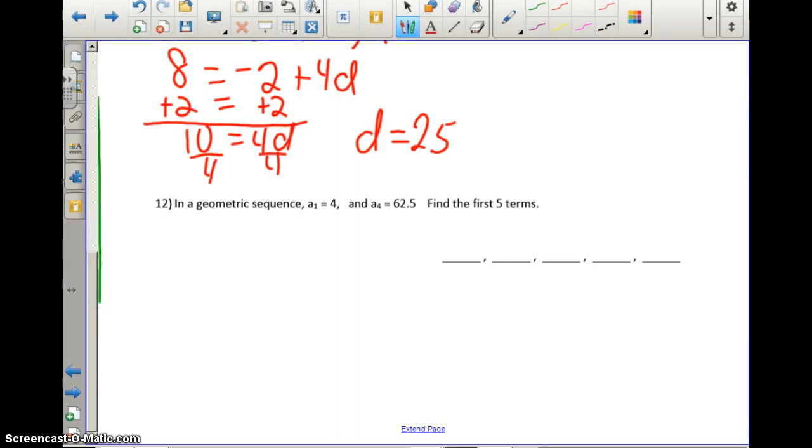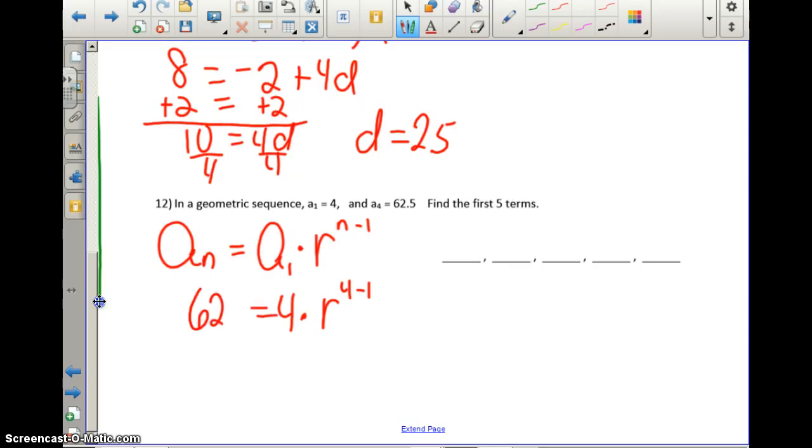Now number 12 is a geometric series. Now in a geometric series, I use the formula that I must memorize. a sub n equals a sub 1 times the common ratio raised up to the n minus 1. My first term is 4. My fourth term, so that means I have r to the 4 minus 1, is 62.5, and that's going to go over here.